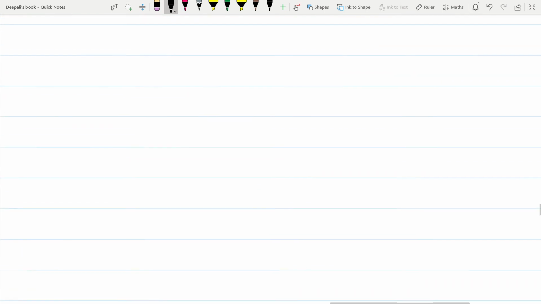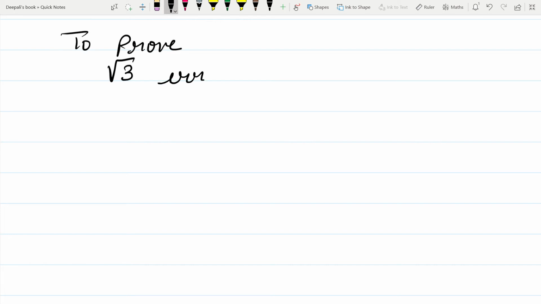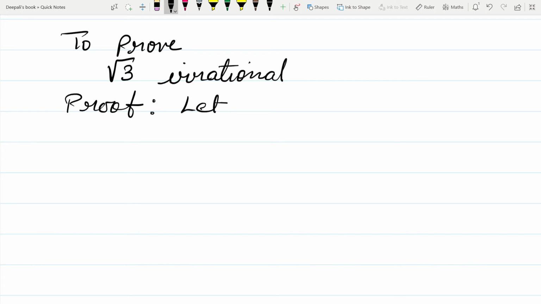Let us take one more example related to this. Say root 3. Now if I want to prove root 3 is irrational, I will suppose root 3 is rational.